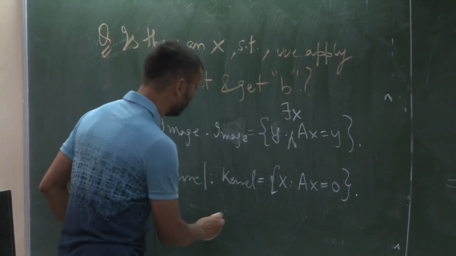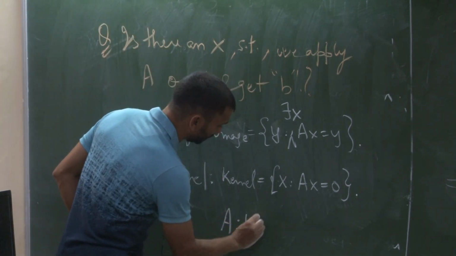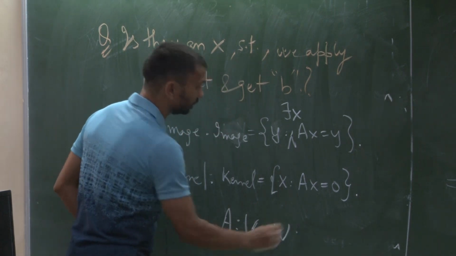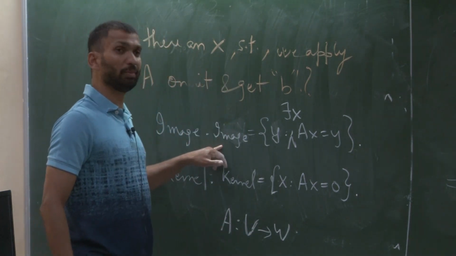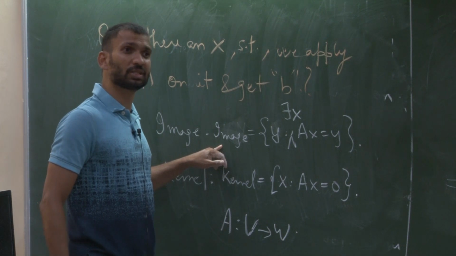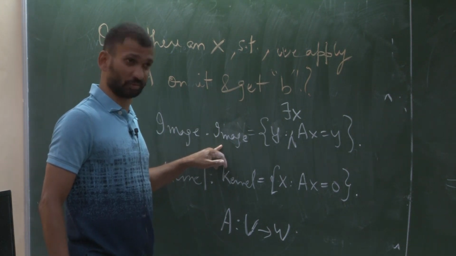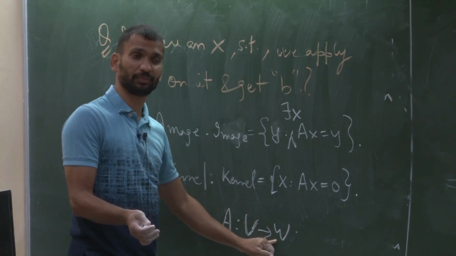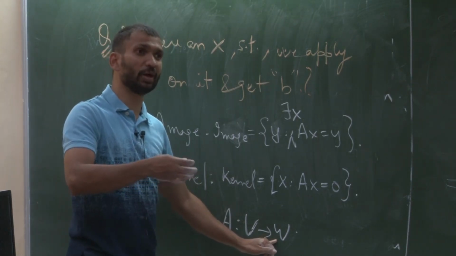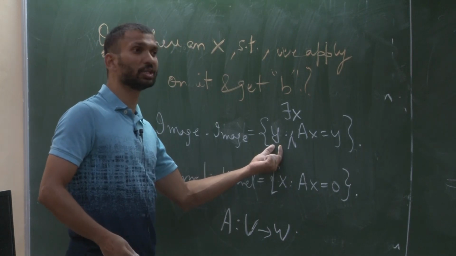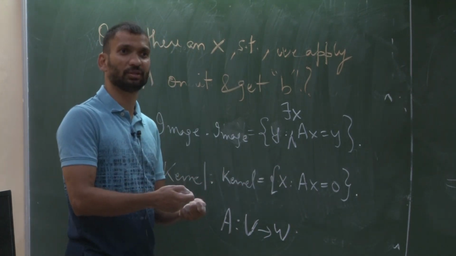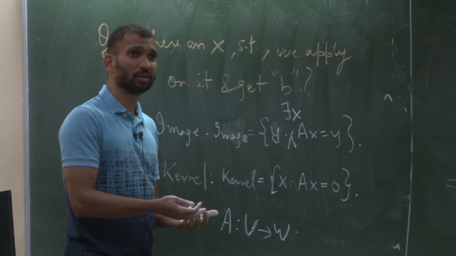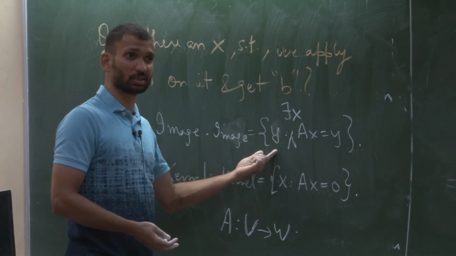Okay. And then if A is a linear operator from V to W, then image is in which vector space? W, right? It's a subspace of W, it's a subset of W. And not just that it is a subset of W, actually, if we have two elements of the image, we take their linear combination, it still is an element of the same subspace.